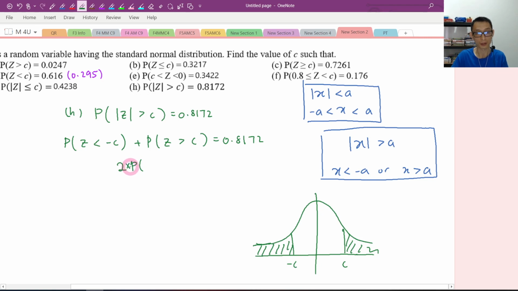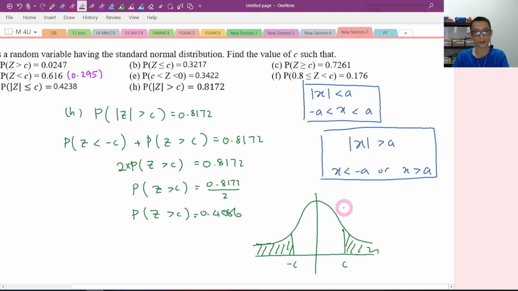If you want to write a multiplication sign, it is okay. Don't want to write, it is fine. So I'm going to divide this by 2. 0.8172 divided by 2 is 0.4086.